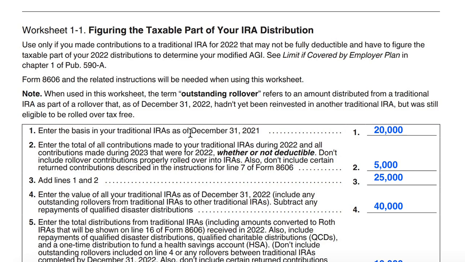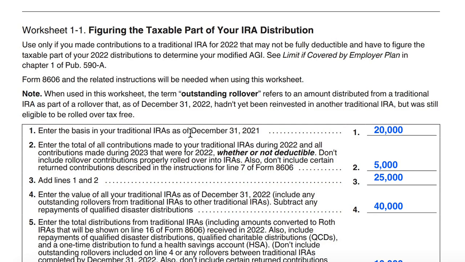And if it was before that, then I don't know what to tell you. In this case, we put our basis in the traditional IRA of $20,000. That means if you liquidated your entire IRA account balance, $20,000 of that would not be considered taxable income. The rest of it would be. That's the way you would think of that.